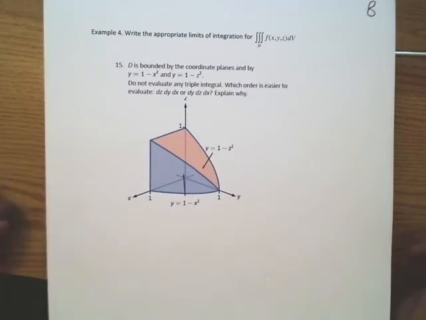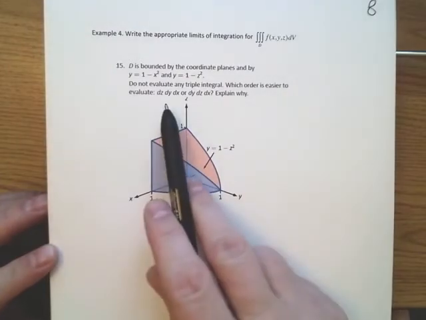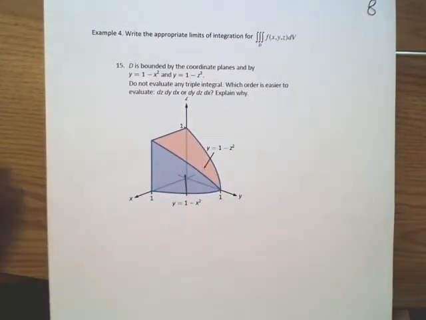Do not evaluate any triple integral, and we won't be able to because I'm sticking f of x, y, z in there, just a generic function. Which order is easier to evaluate: dz, dy, dx, or dy, dz, dx? Explain why.